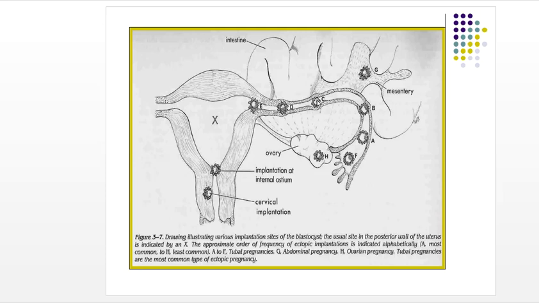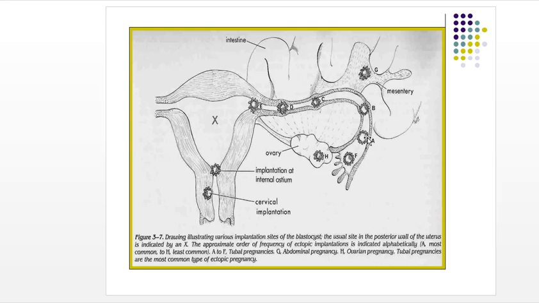But the most important site of ectopic implantation is the ampullary region of the uterine tubes, the site where fertilization normally happens. The embryo cannot move toward the uterine cavity and remains in this area.